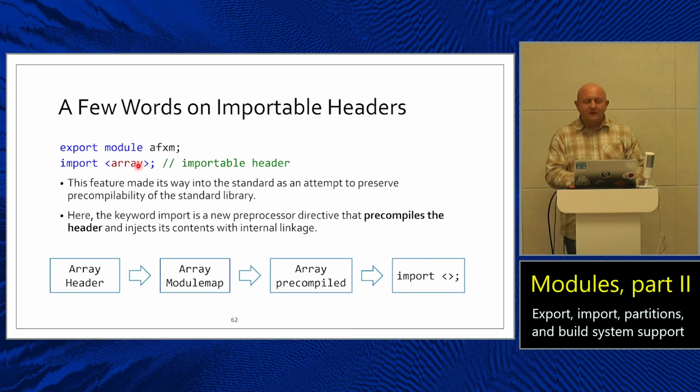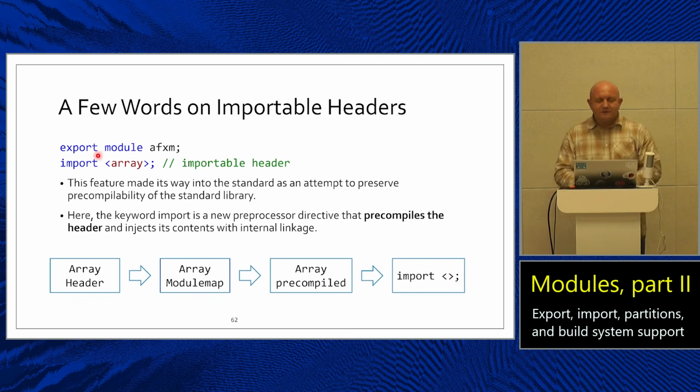What if we added a preprocessor directive import that behaves like include, but doesn't textually pull in the names? It just references the existing header in modular ways. And to have something to reference, of course, this directive needs to precompile a header. And that's how importable headers were born.